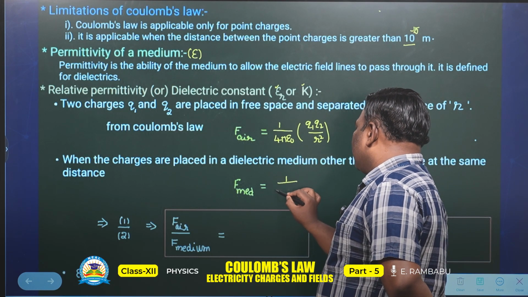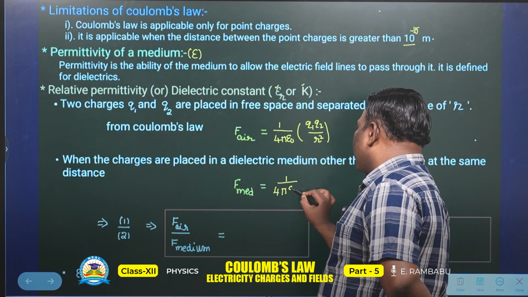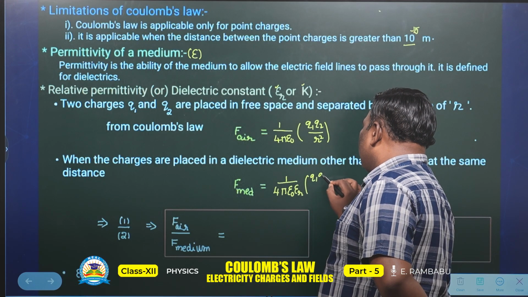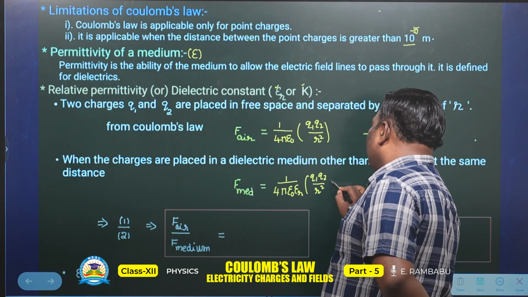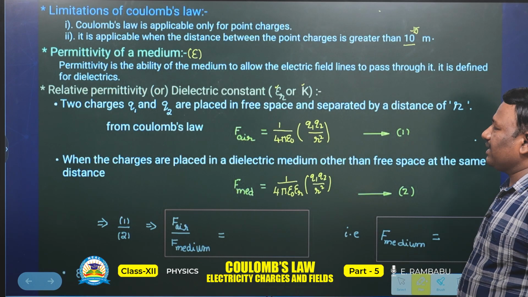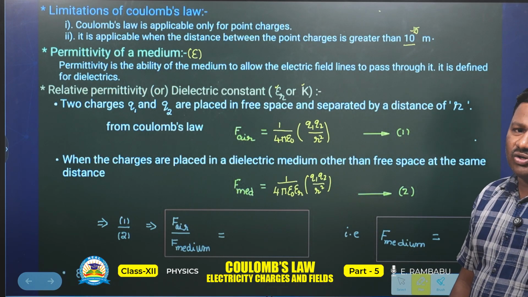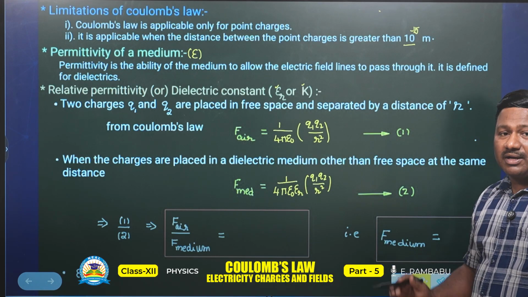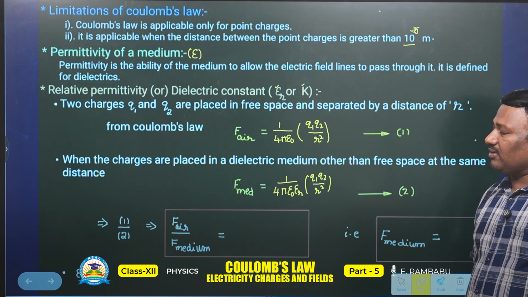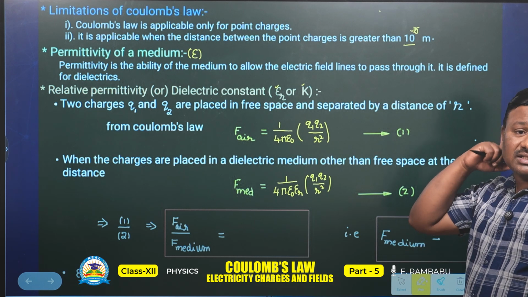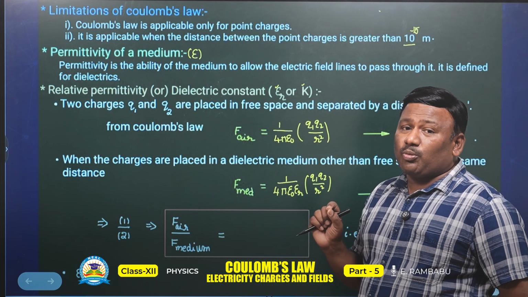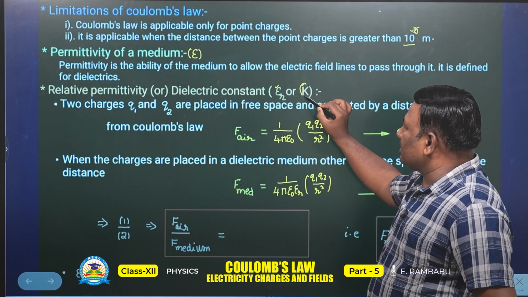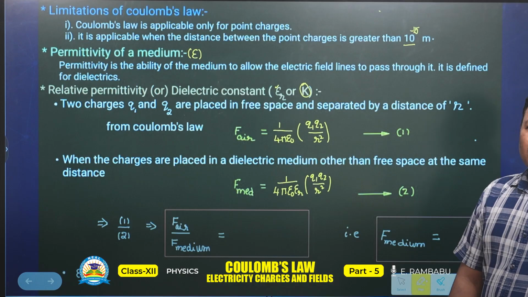Now the force in the medium can be taken as q1 q2 by 4 pi epsilon naught into epsilon r into r square, where epsilon r is known as relative permittivity or dielectric constant. Sometimes the dielectric constant is also represented with the term k.